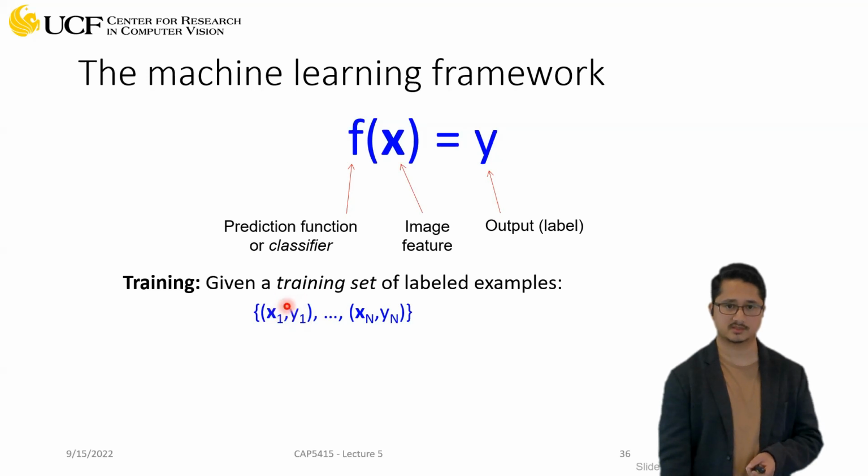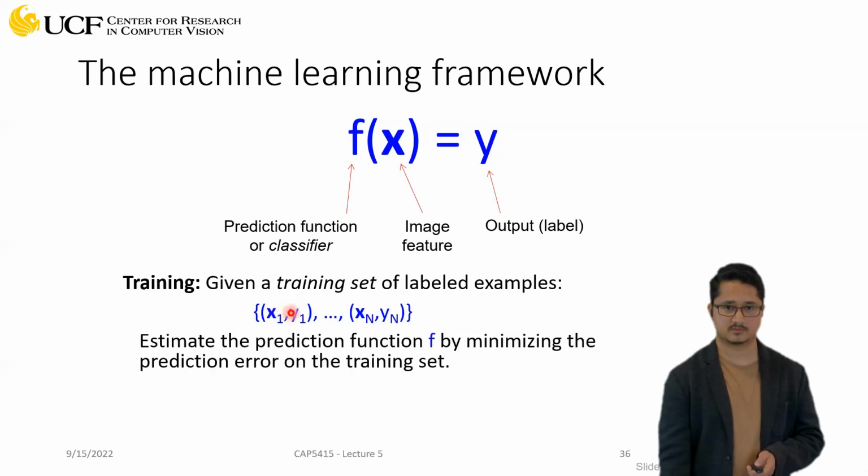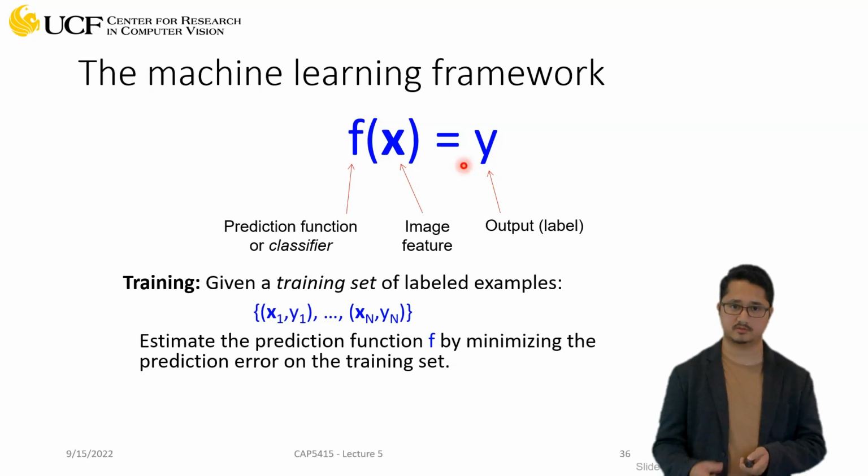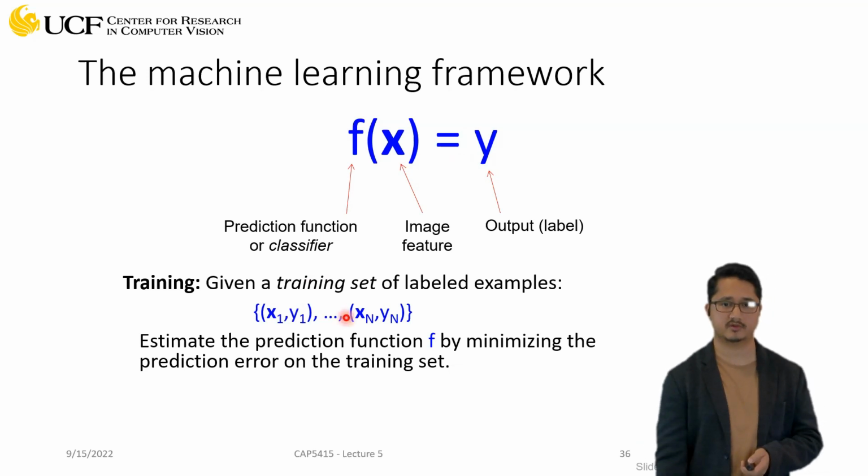Okay, so you need this pair. Now what will happen is, for each image or each feature, you will pass this as input to the function. It will make some prediction, and you will match that prediction to this ground truth. And depending upon how good that match is, you're going to perform the training. Okay, so that's a high level idea of how the training is performed.